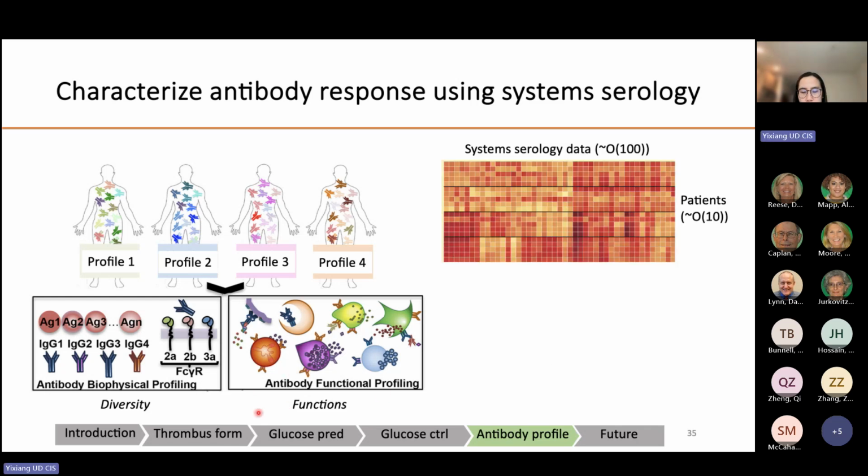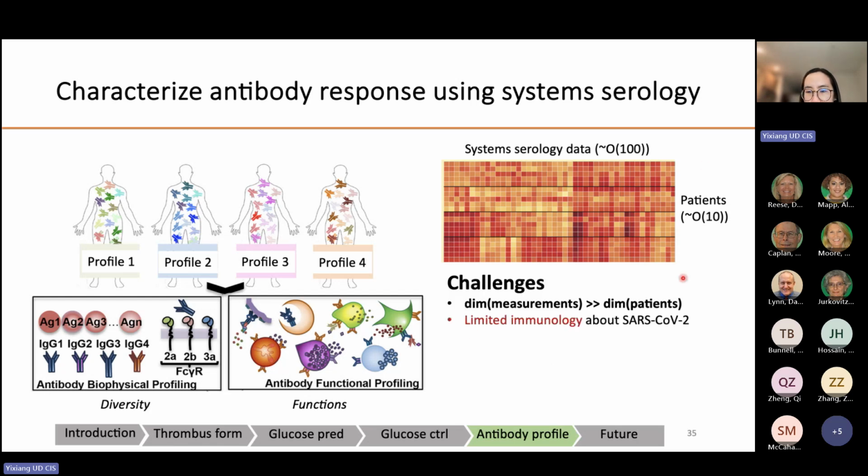And for me, this is just a lump of data which has a higher dimension yet a lower sample size. This imposes a challenge, because this high dimension of measurement and low number of patients or subjects is very detrimental for a machine learning task because it may lead to overfitting.